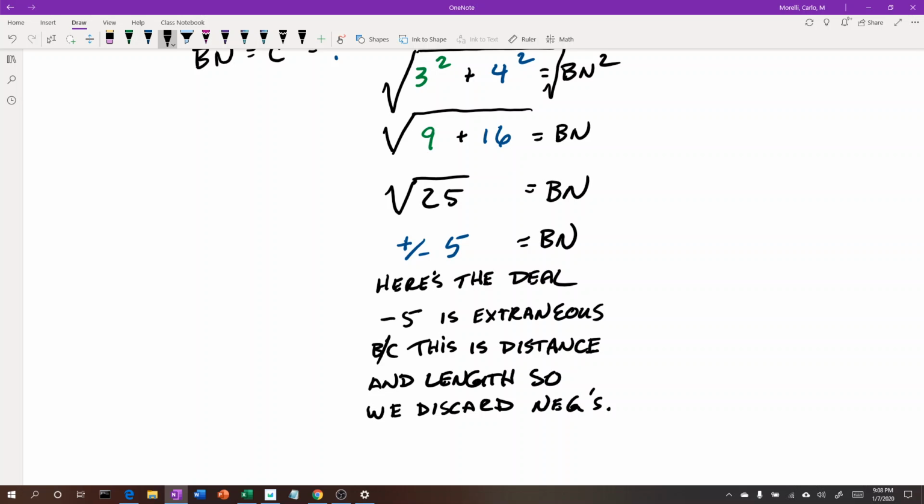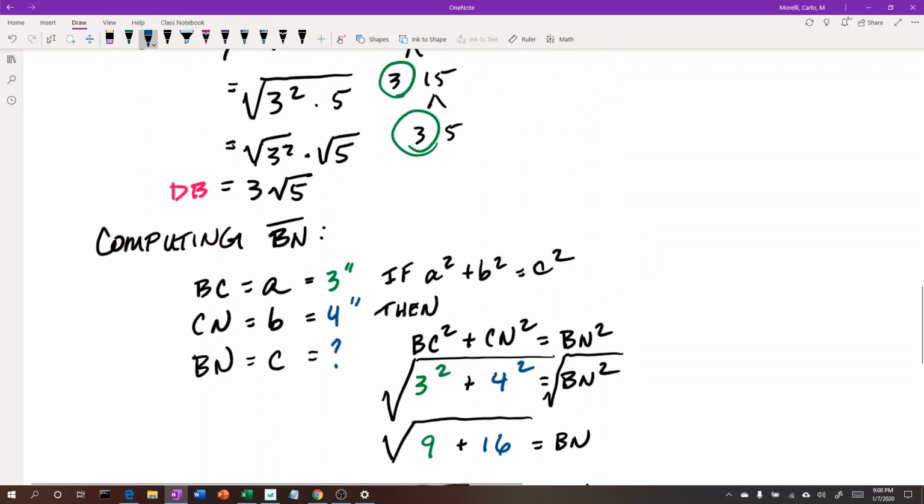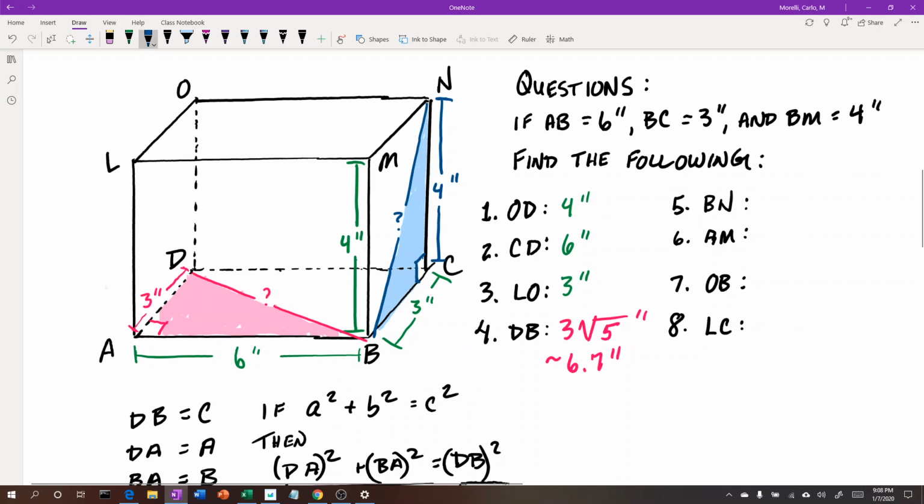That's just a little sidebar that you need to be aware of. That's why we are only interested in the positive solution to the root. So now we know Bn is 5 inches.